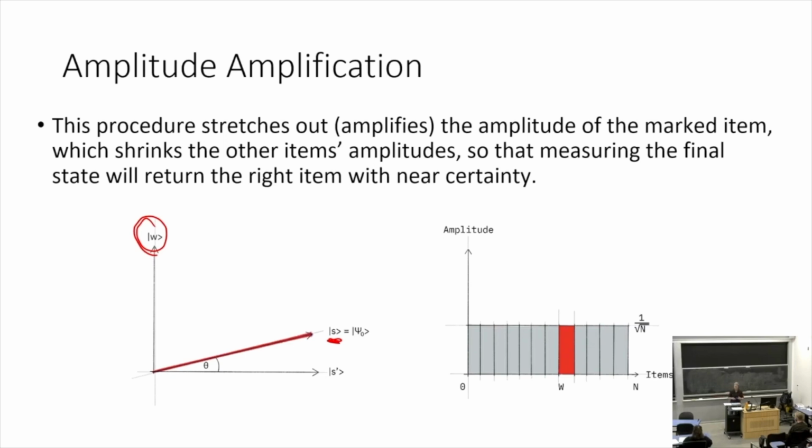So step one in the amplitude amplification trick is to start out with our uniform superposition S, and the left graphic is showing our starting state.